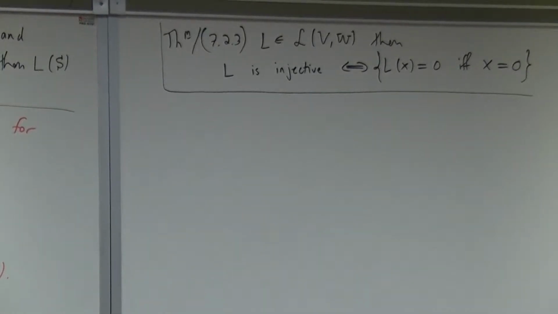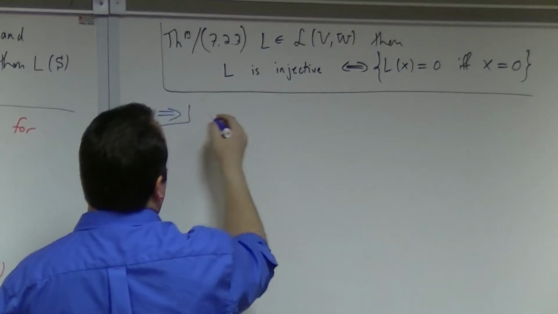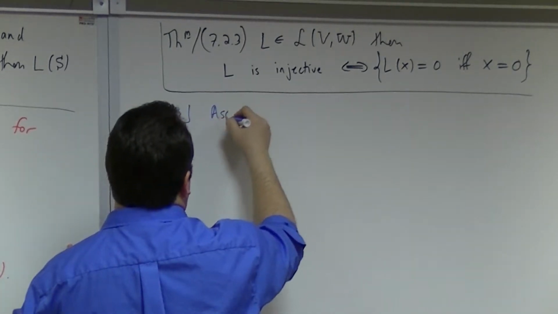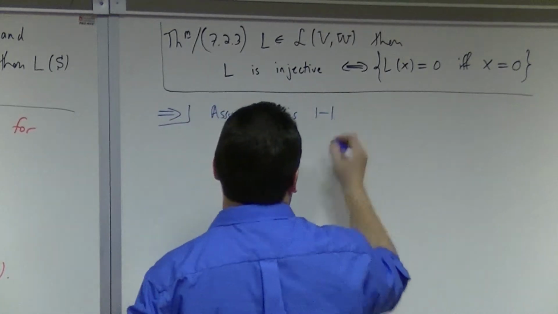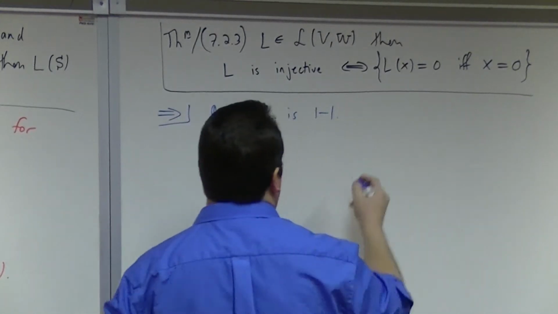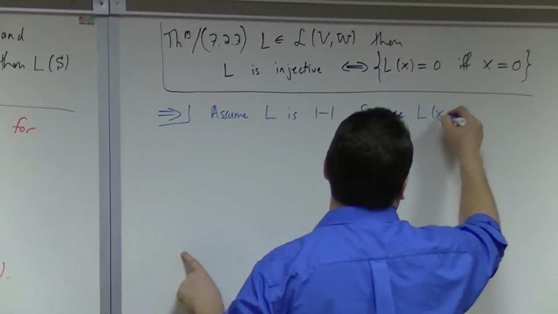So I will do one of the directions this time. Which way do you want me to go, forward or backwards? Forward? Okay. So assume L is one-to-one, which is another word for injective, right? And suppose L of x is equal to 0.